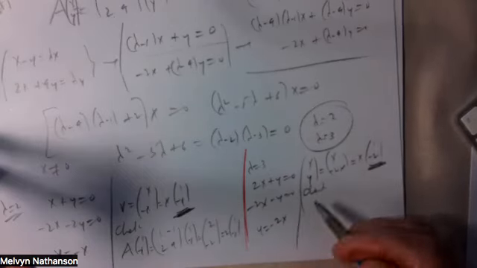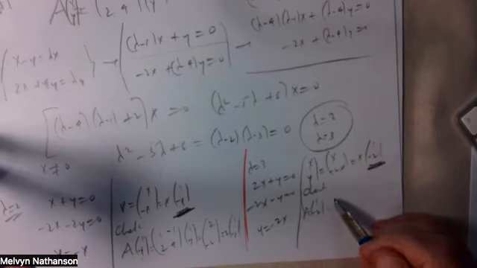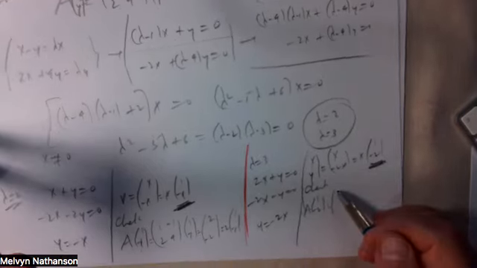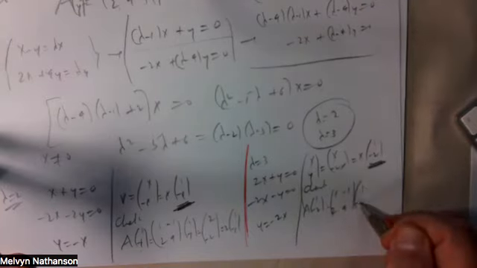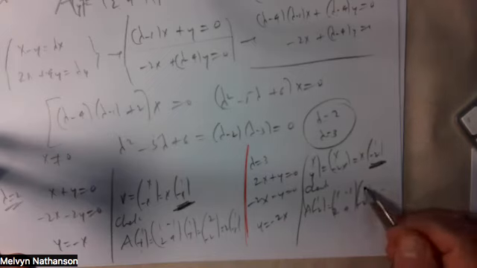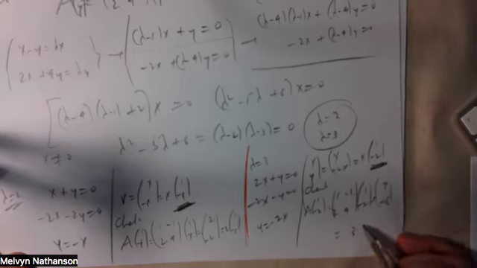Let me check. If I take A times the vector (1, minus 2), my matrix is [1, -1; 2, 4] times (1, minus 2). This is 1 plus 2 is 3, and 2 minus 8 is minus 6, which is exactly 3 times the vector (1, minus 2).